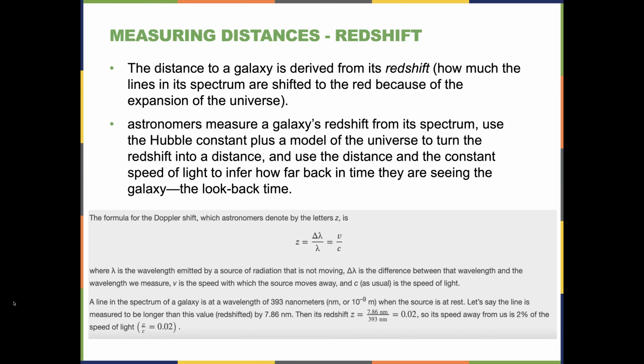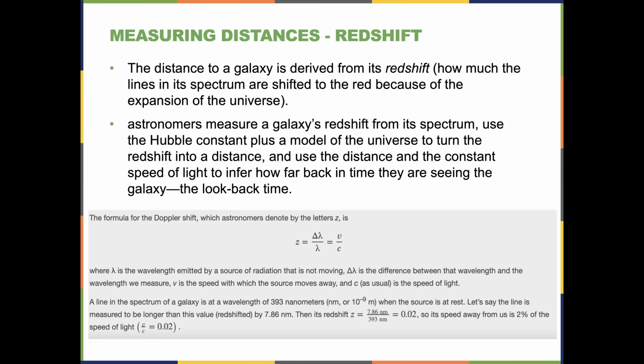So when you need to measure distances that are so far away, we need to measure the redshift, right? First, for a galaxy. Now this is done by looking at the spectrum, basically. The distance to a galaxy is derived from its redshift, that is, how much a line in its spectrum was shifted to the red because of the expansion of the universe, right?